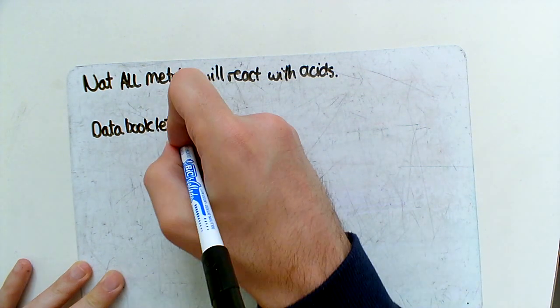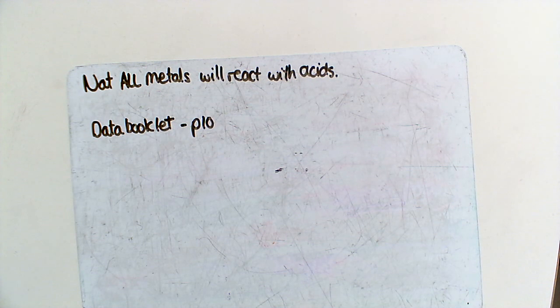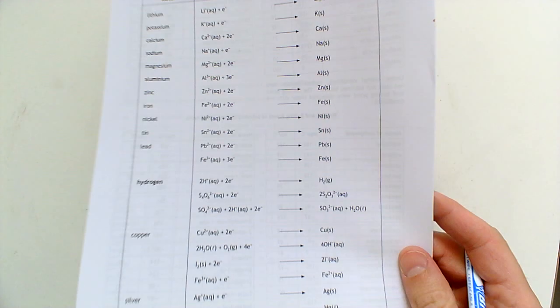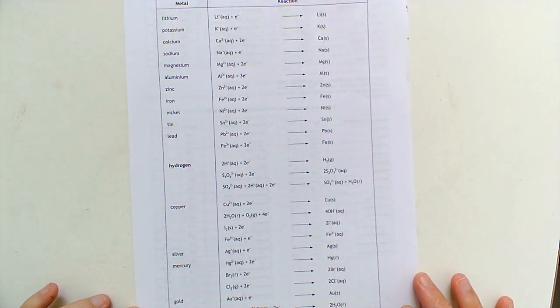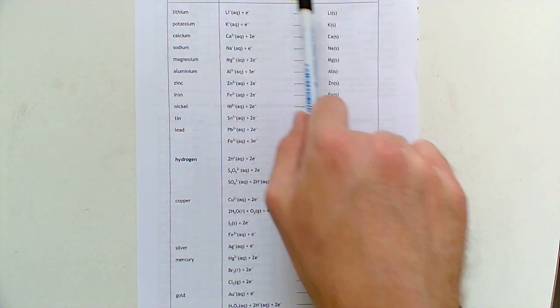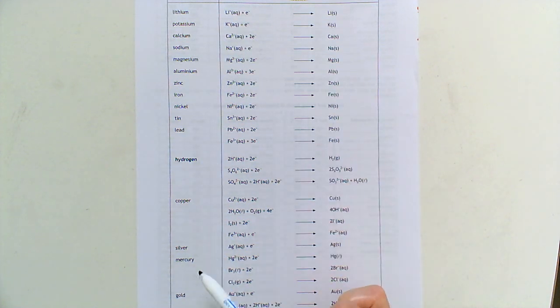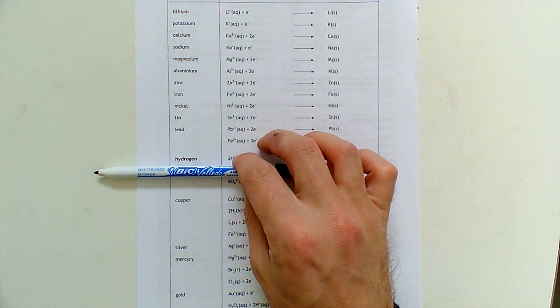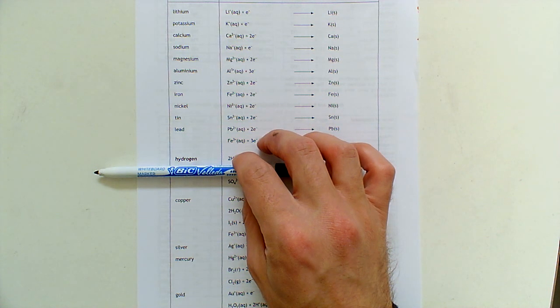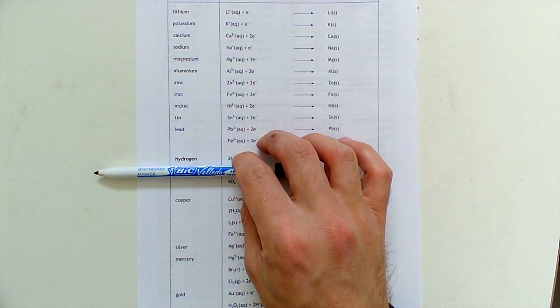And it's the back page, which is page 10. And it looks like this. I know that's a bit small, but you don't need to worry about this part at all. We're just looking at this list of elements. And if you look very closely, hydrogen is here in the middle. Hydrogen's there. And there's a lot of metals above, and then there are 4 metals below.